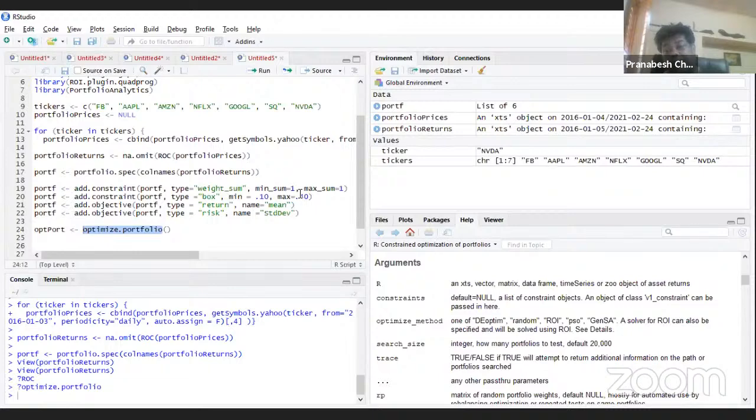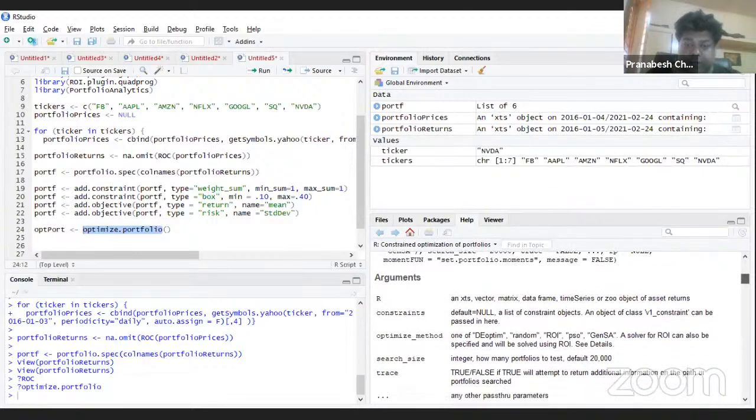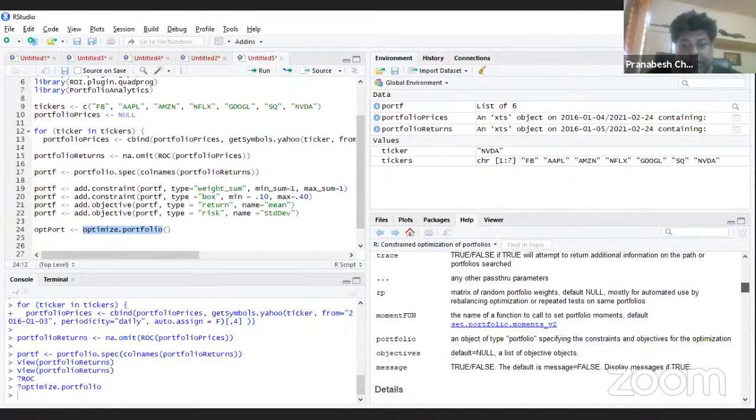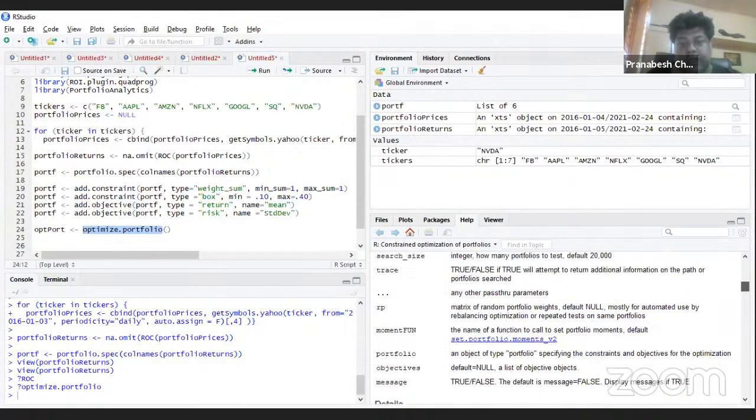So by default, when you don't give a search size, it takes 20,000 permutations and combinations of portfolios. It takes the portfolio, objectives, everything, and based on that, it will create n number of portfolios with different weights and see which has the best return.